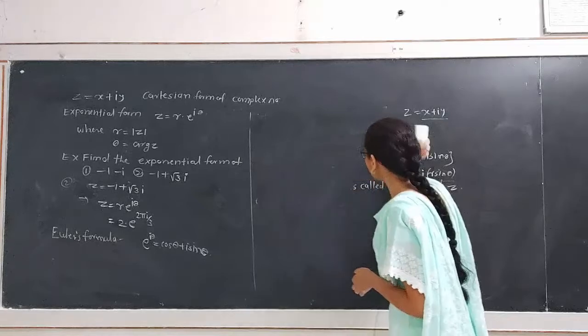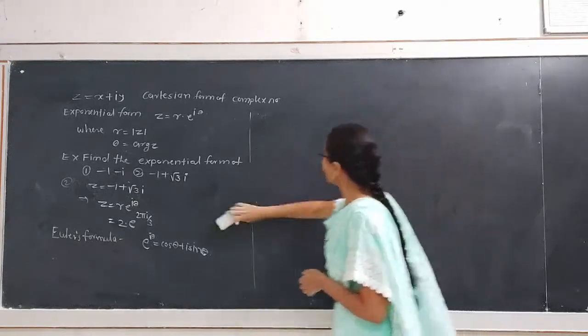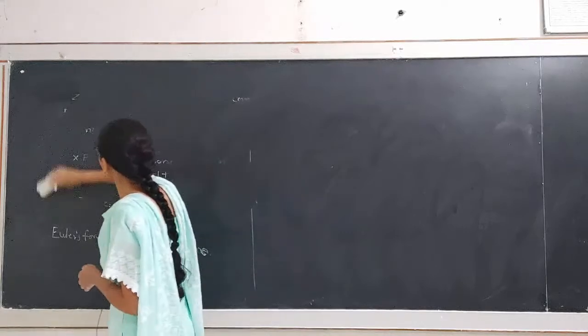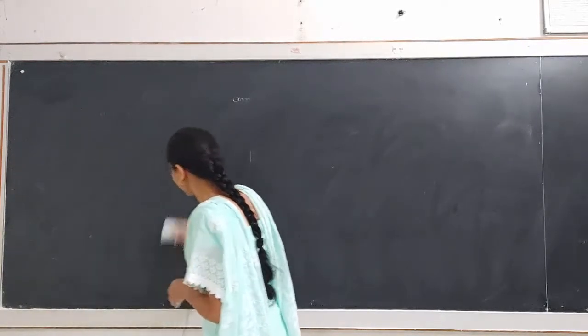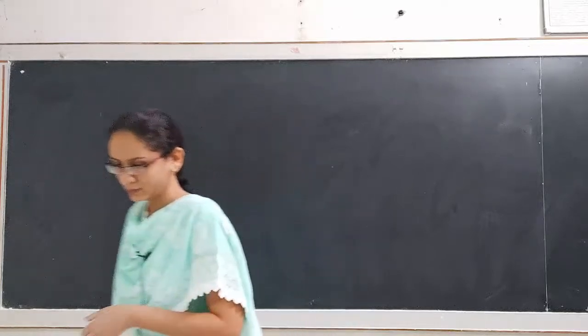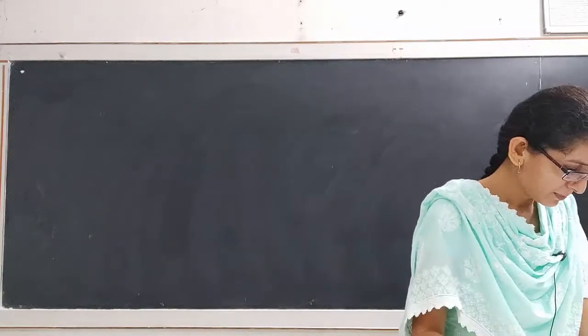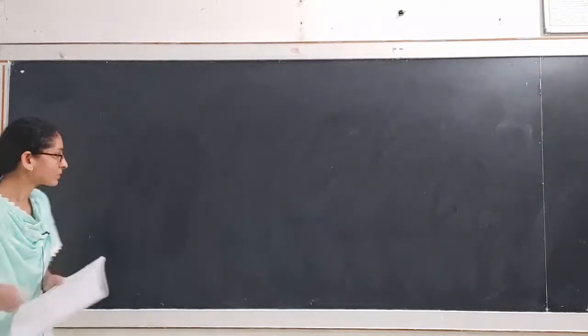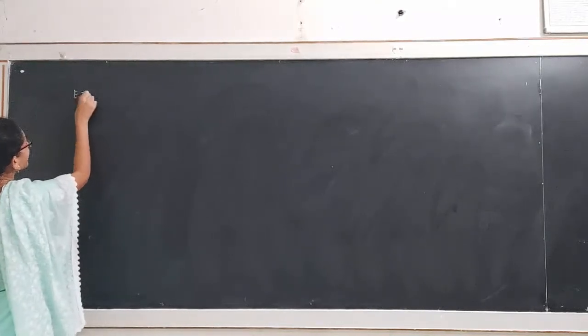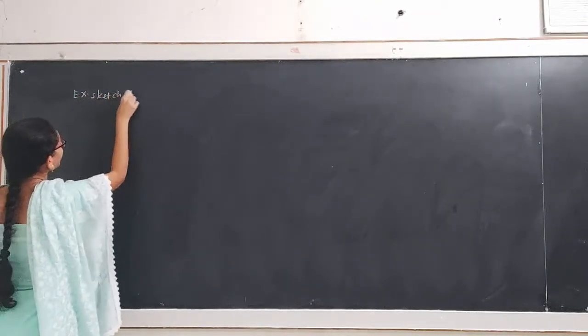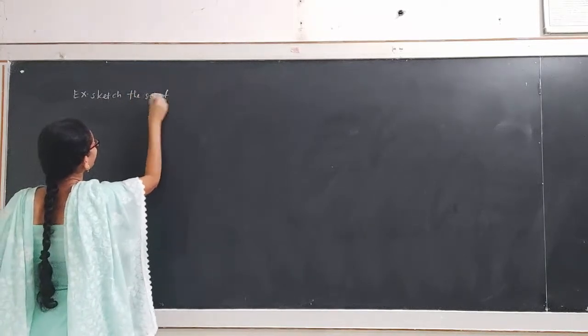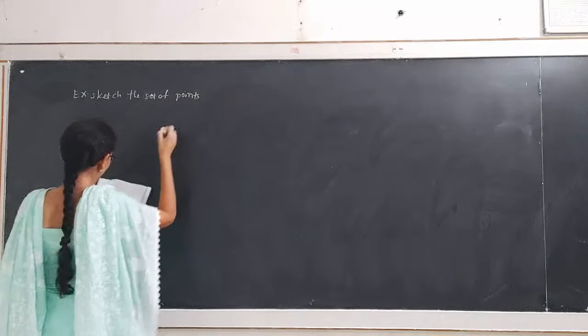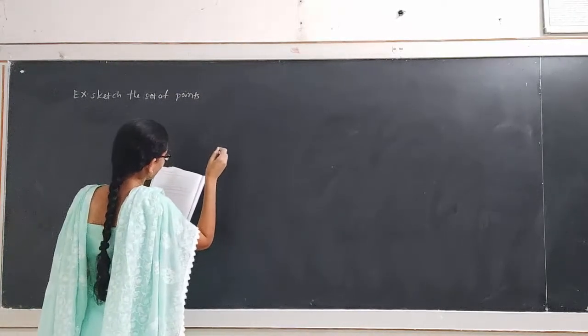Now we see some examples of representing the given set geometrically. How to represent a set geometrically in the complex plane? Sketch the set of points determined by the given condition.